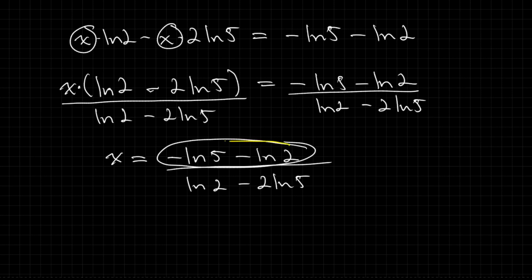So this doesn't simplify to just some easy number, and that's why I wrote things so strangely in my example problem. So there we go. There we have our final answer, x equals negative ln 5 minus ln 2 divided by ln 2 minus 2 ln 5. We'll just leave it just like that.